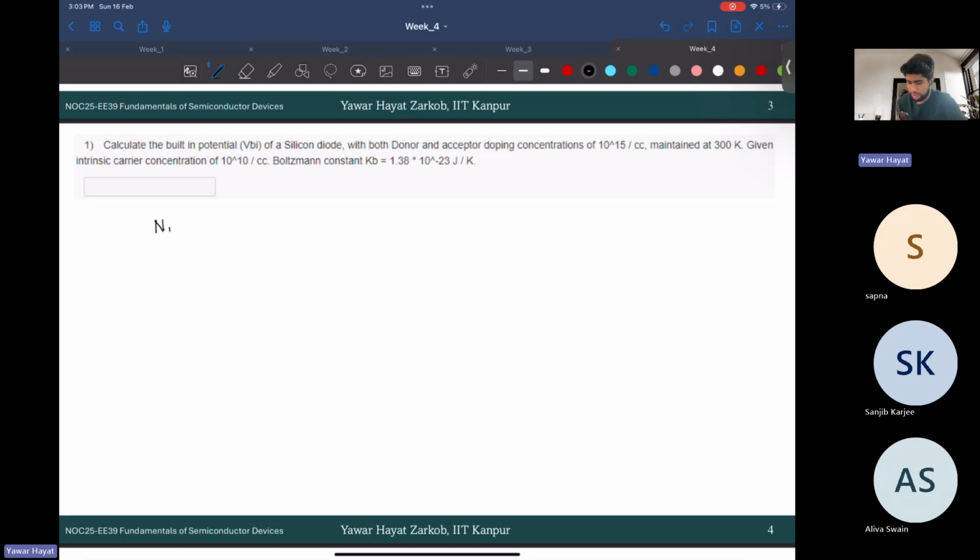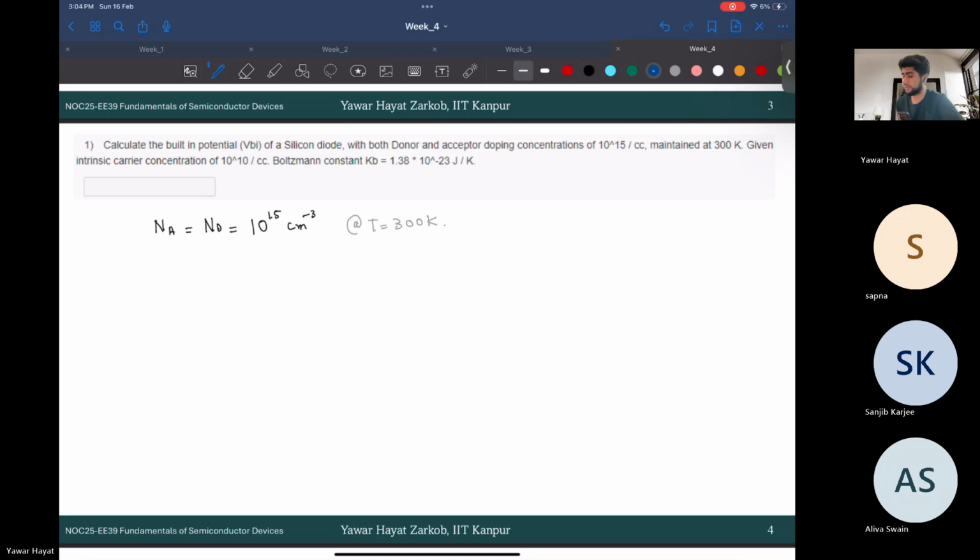Your Na and your Nd are equal to 10 to the power 15 per cubic centimeter, and it's maintained at 300 Kelvin, so T is equal to 300 Kelvin.